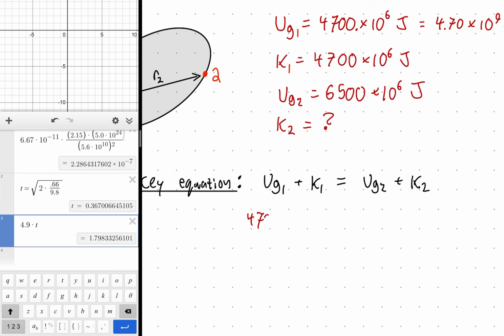And you can see that although it was helpful to think about all the megajoules, we could actually just leave it in megajoules rather than converting it to joules because our final answer is going to be in megajoules as well. So we'll go ahead and put 4,700 here, and we'll put in the 6,500 for the potential at point 2. And now we have our single unknown.